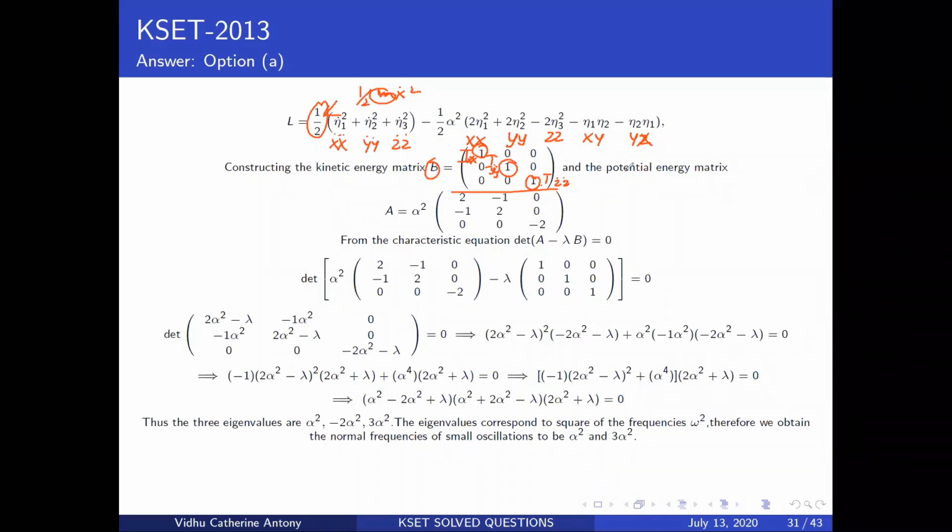Okay, so now let's look at the potential energy matrix. You basically have an Ixx, Ixy, and Ixz, and so on. Similarly here you have an Ixy, Iyy, Iyz, and you've got an Izx, Izy, and an Izz.